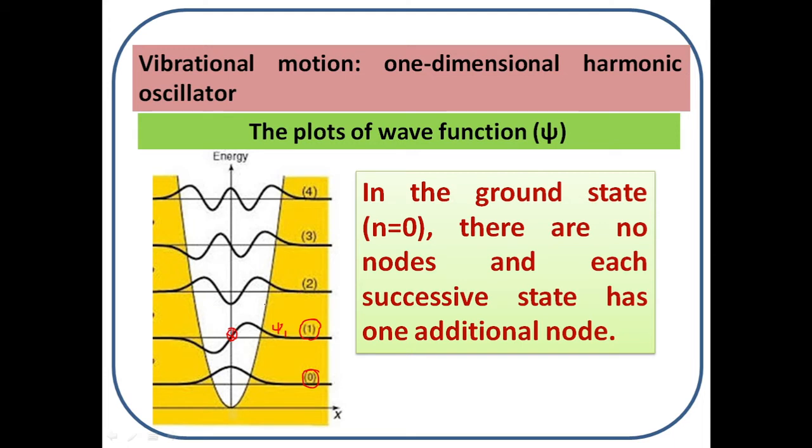If we move on to psi 2, where the vibrational quantum number is 2, we can see two nodes here. So in the case of psi 1 there was only one node, in the case of psi 2 there are two nodes, and in the case of psi 0, the ground state wave function, there are no nodes.